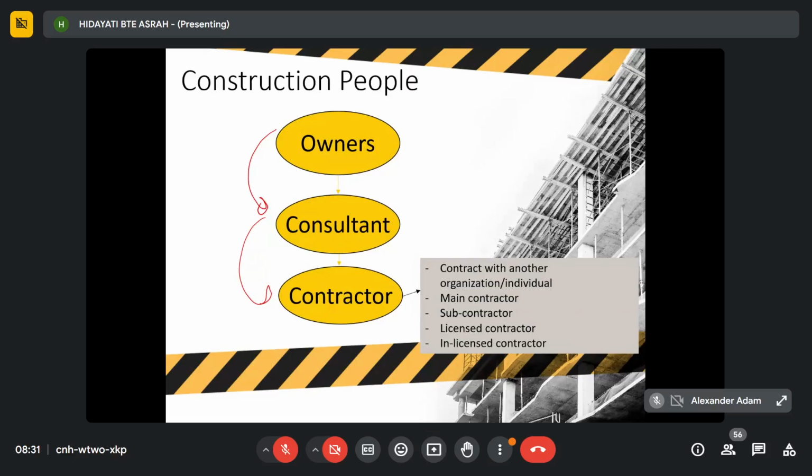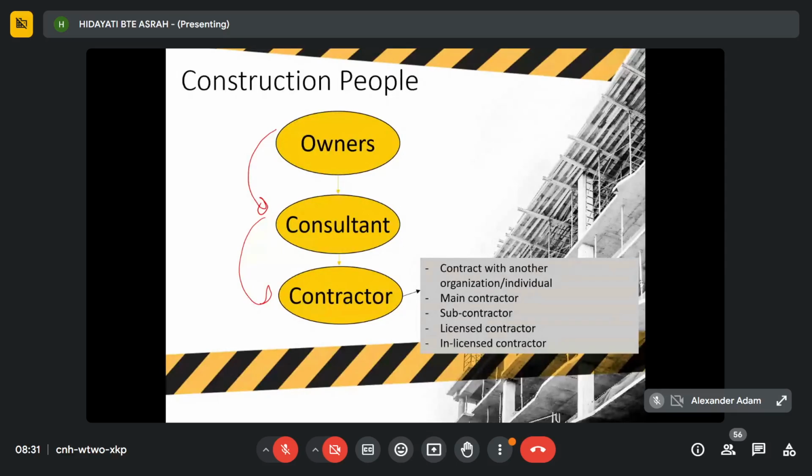The construction team, the contractor, is usually composed of a document controller, architect, structural draftsman, site architect, site civil, and QA, QC engineers.